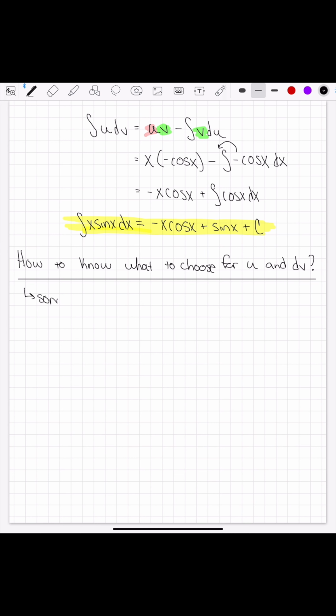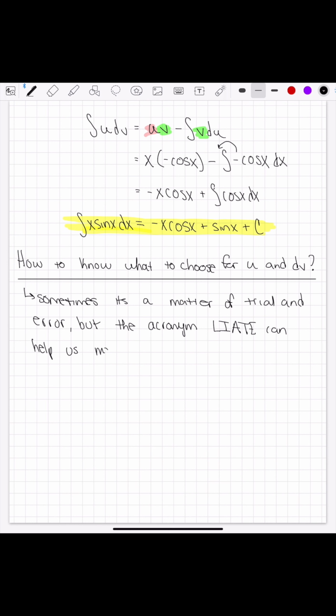So sometimes it's a matter of trial and error, but the acronym LIATE can help us make better educated guesses. So what does it stand for?